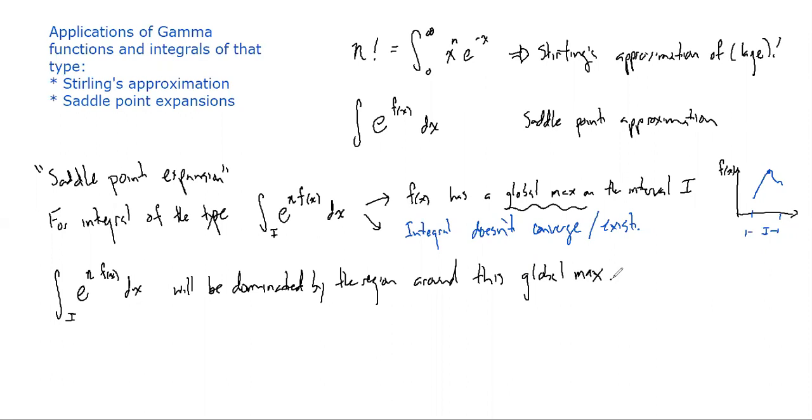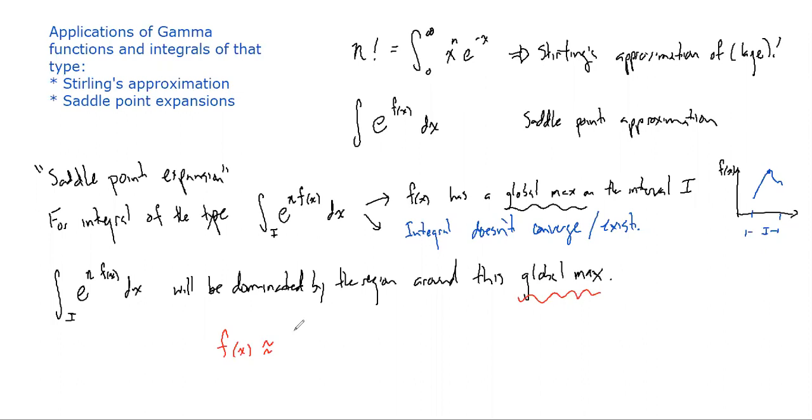So basically, this is all an argument to saying that a really good approximation of this entire integral is going to be just the region around the global max. And how do we represent approximations of functions over some region? We use Taylor's theorem. So we'll take a Taylor-Maclaurin series.